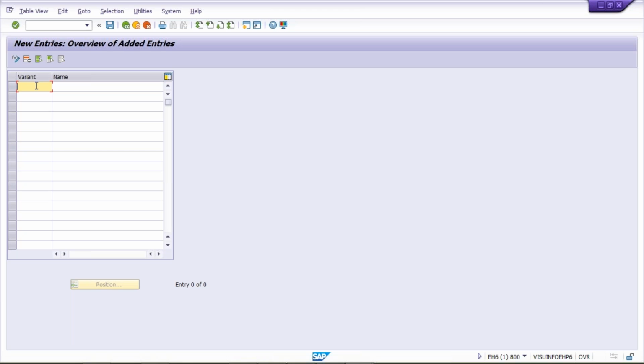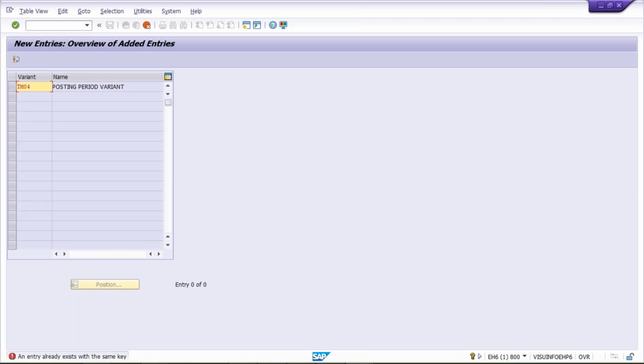So during defining our company code, which code have we given? TM04. Now for posting period variant also, I recommend you to use the same code, TM04 itself. Okay, what is the benefit?